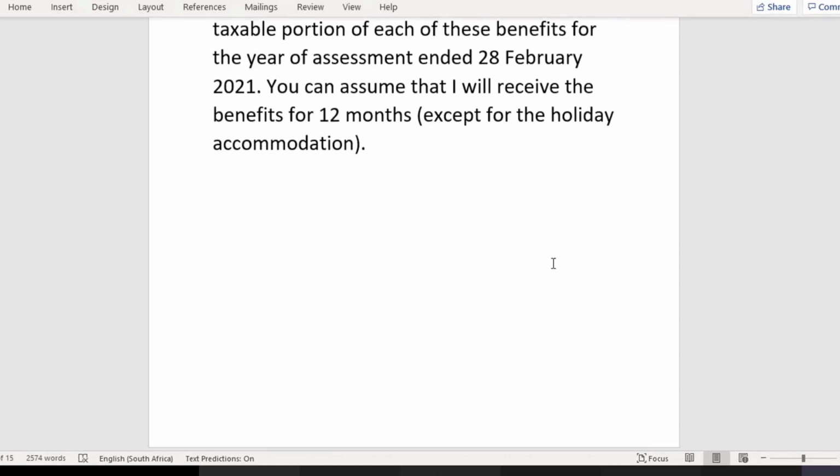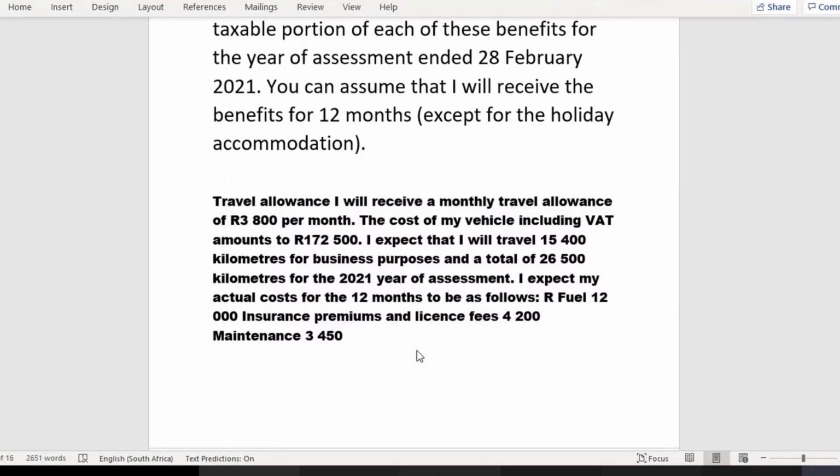Okay. I don't think there's a travel allowance on this question. Let me have a look at it closely. So it's one of the, I think it's 5.3. It says the travel allowance I will receive on a monthly basis. Travel allowance of 3,800 Rand per month. And the cost of my vehicle, including the VAT, amounts to 172,500.